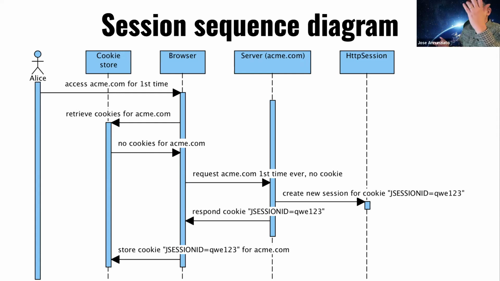So what the server does is that it wants to invite you to participate in a collaboration where you're going to keep identifying yourself, that it's you again. And the way I'm going to distinguish you from someone else is that I'm going to generate a unique identifier cookie, a token, a unique value that I'm going to send to you in the HTTP headers.